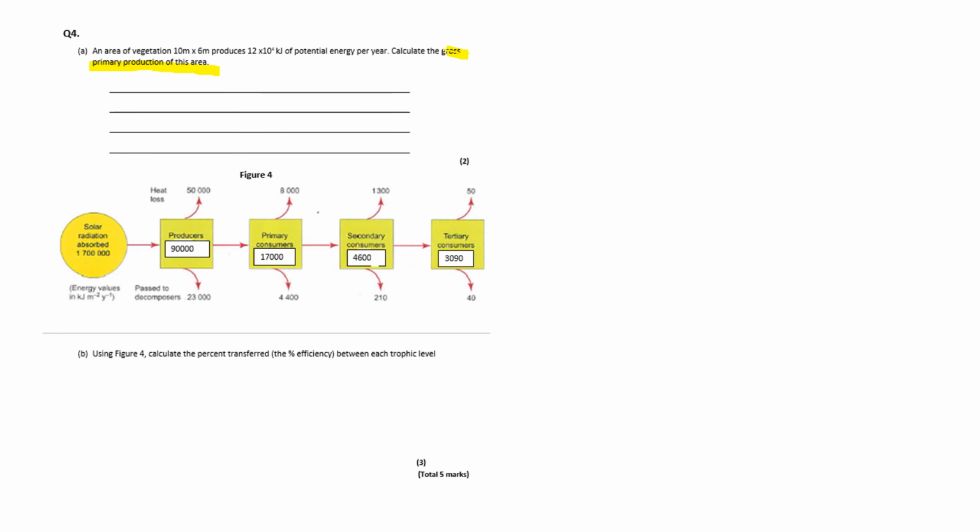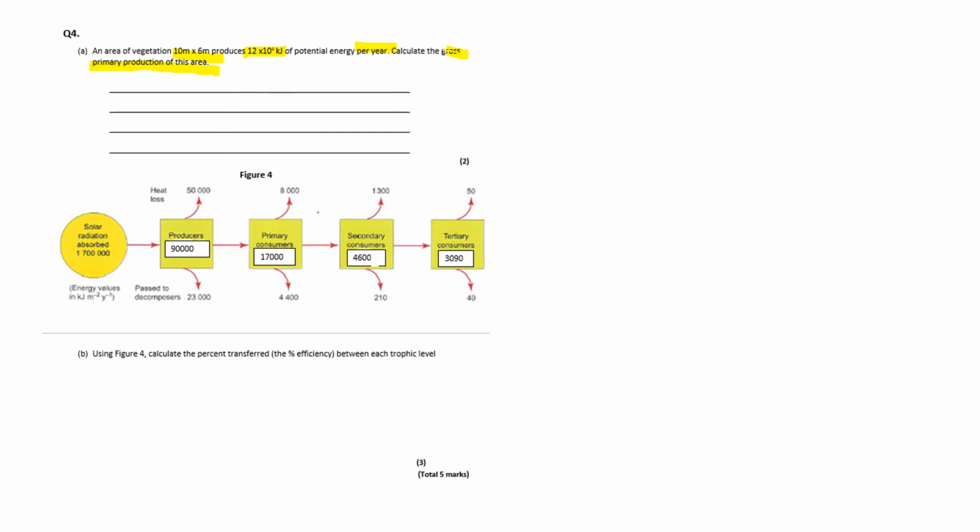So it gives you information here to calculate an area. It gives you the energy, potential energy, and it gives you a time. So your units for GPP are going to be, in this case, kilojoules per metre squared per year.